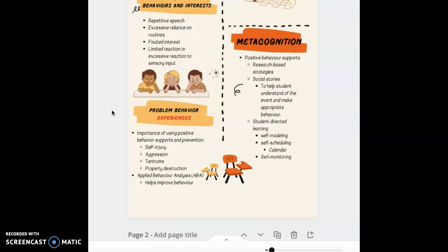More importantly, I think, getting to know what triggers their behavior and what their interests are. Those are very important key aspects to help a student with autism.